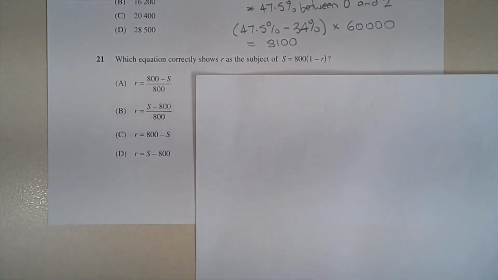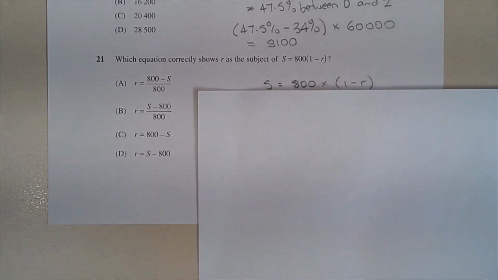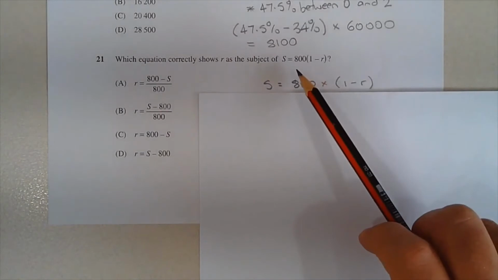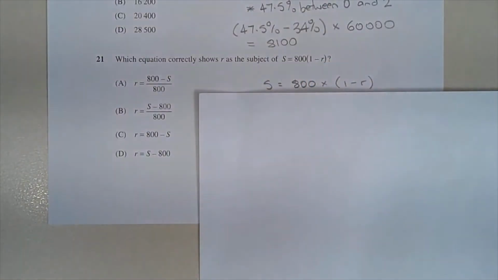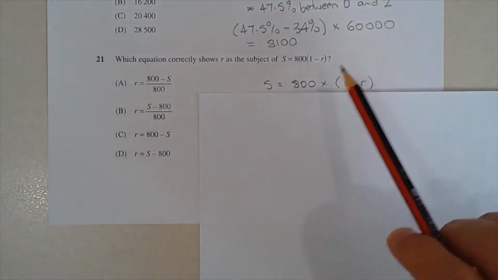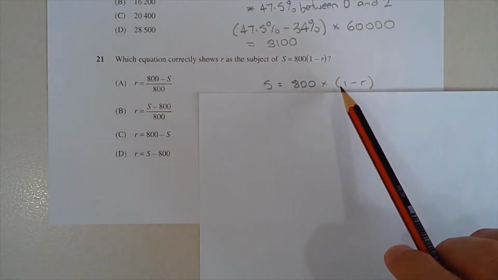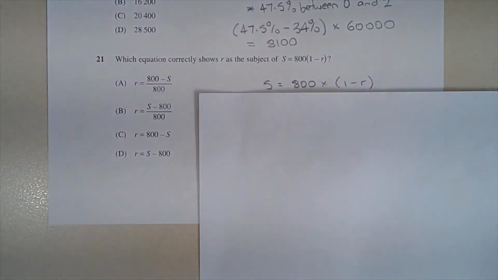Question 21. Which equation correctly shows R as the subject of S equals 800 outside of 1 minus R? Now the first thing to note is that 800 is multiplying this bracket 1 minus R. So I've just written it explicitly as 800 multiplied by 1 minus R in brackets.